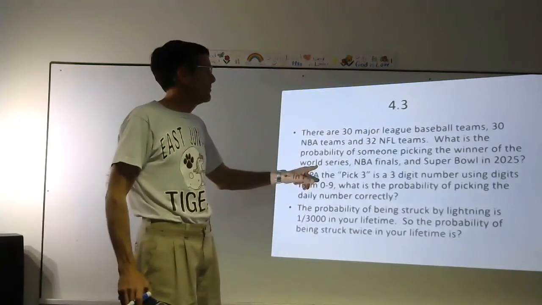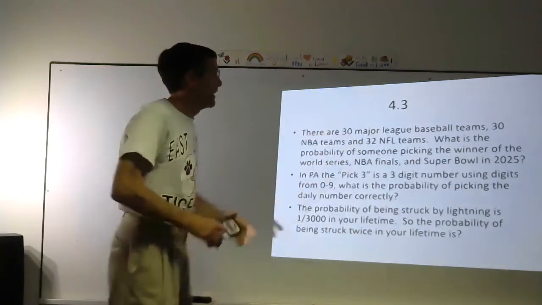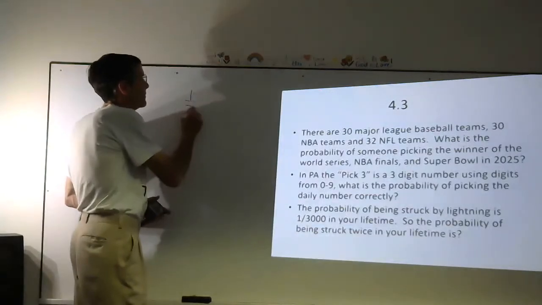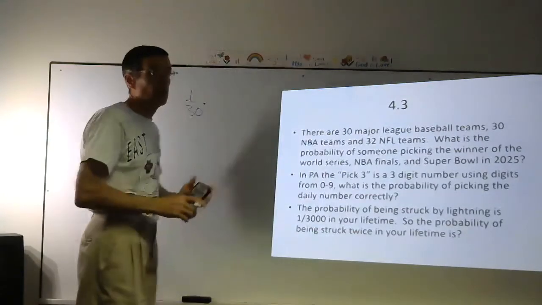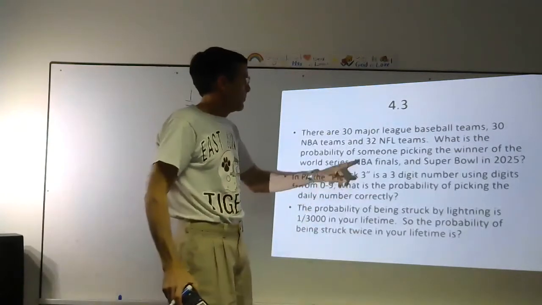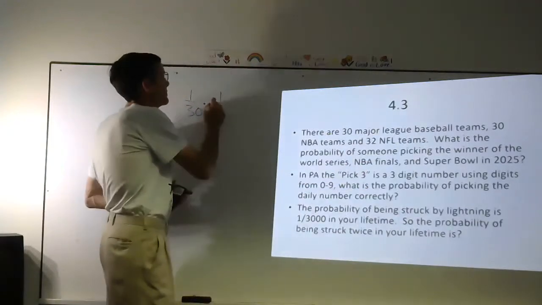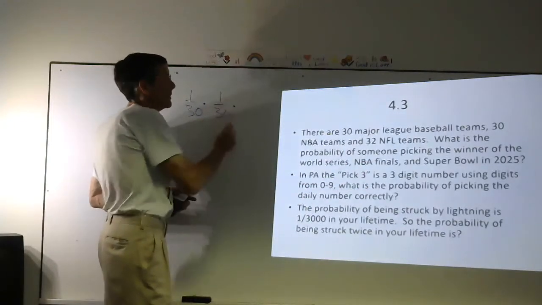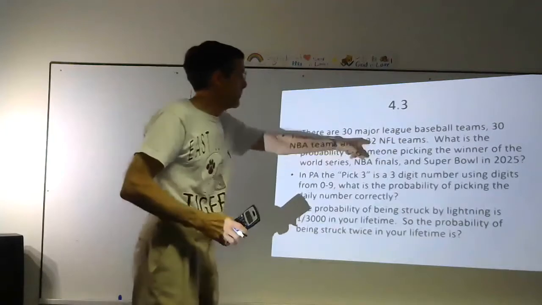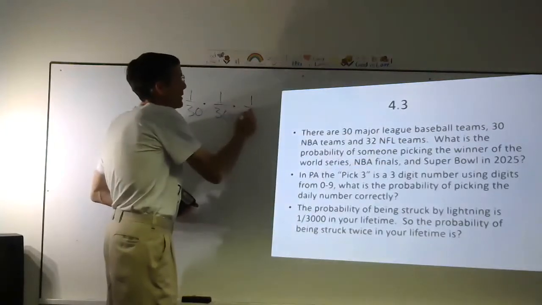Winner of the World Series, 1 chance out of 30. Times, there's no overlap. Winner of the NBA Finals, there's 1 out of 30. Winner of the Super Bowl, 1 out of 32.